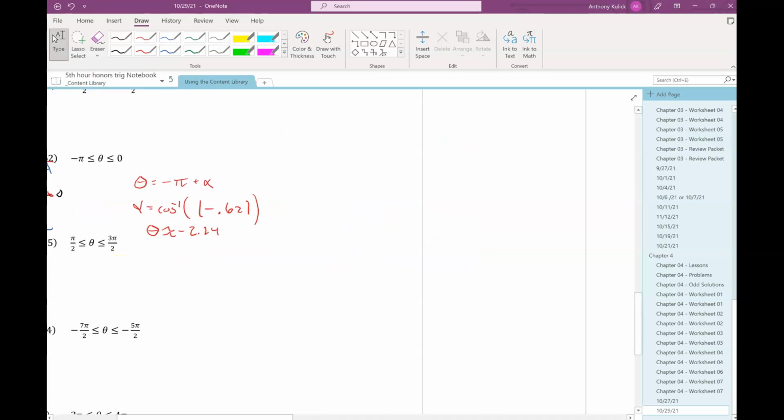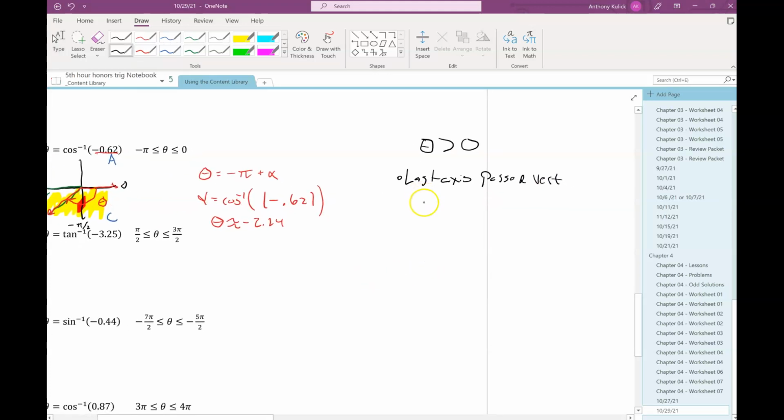Just to summarize that, if theta is positive, and the last axis passed is vertical, we would do subtracting alpha. And if the last axis passed is horizontal, you'd be adding alpha. But if theta is negative, this is just reversed.